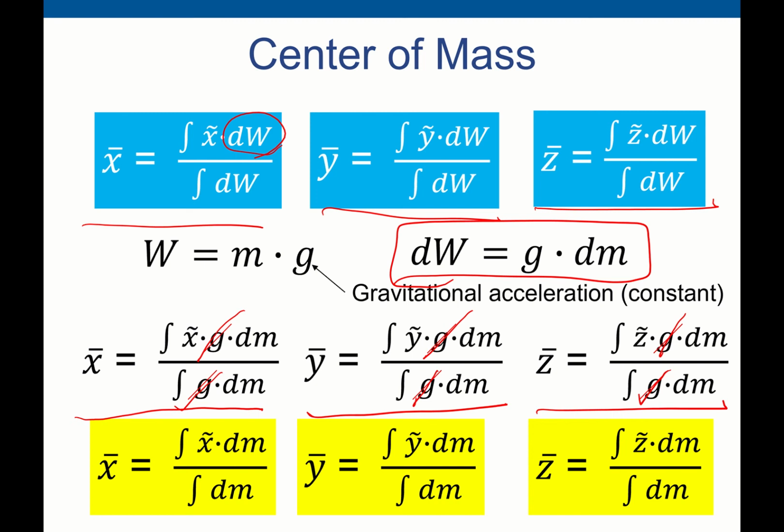In yellow form, this is the center of mass. X bar is equal to integral x tilde times differential mass over the total mass, integral differential mass. We just changed the differential weight to differential mass, in the denominator as well. That's pretty much it.